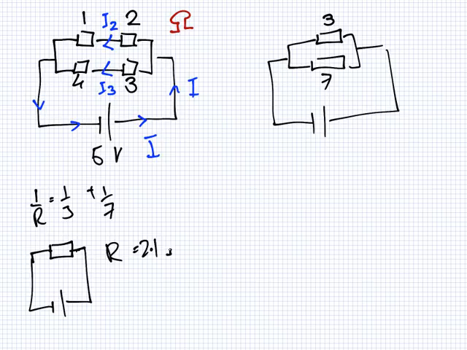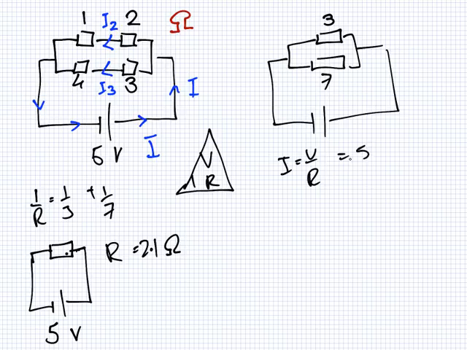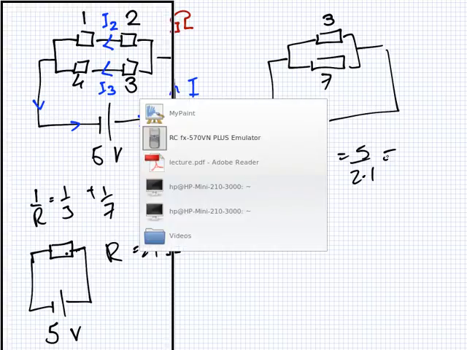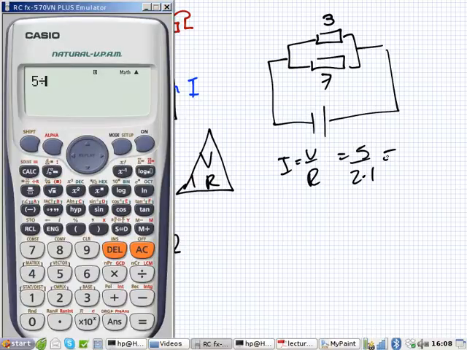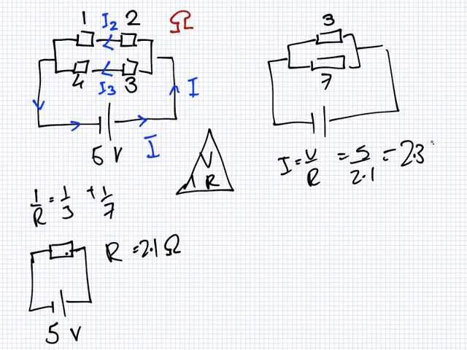Now, we know the R. We know the V. Using my triangle, I equals V over R, 5 over 2.1. The I is 2.38 amps.